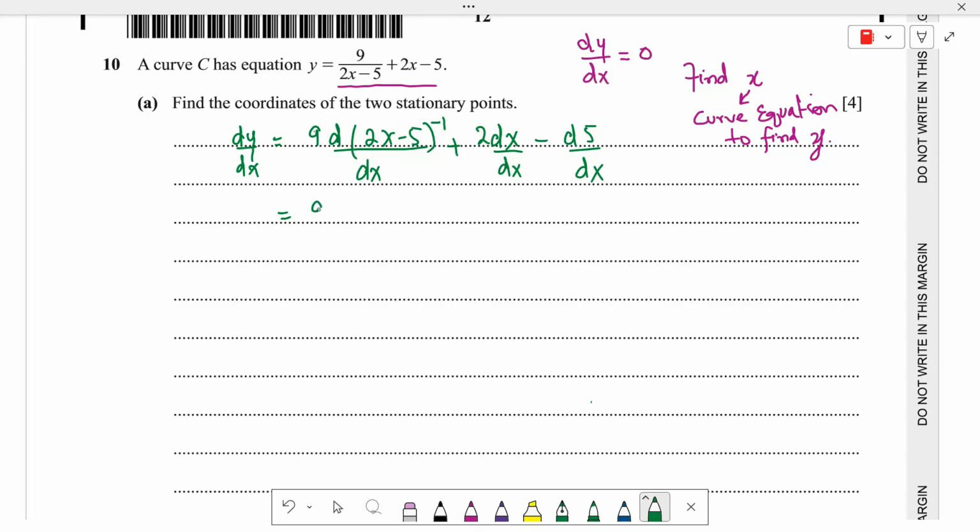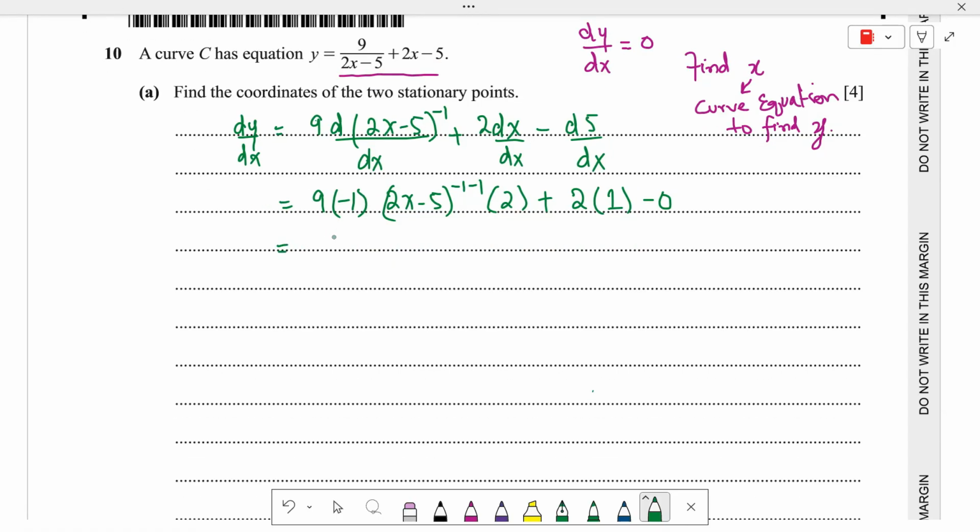So negative 1 power, and the derivative of 2x minus 5 to the power of negative 1 is 2x minus 5 to the power of negative 1 minus 1, and the derivative of the inner function, 2x minus 5, is 2, plus the derivative of x, which is 1, so 2 times 1, and the derivative of a constant is 0.